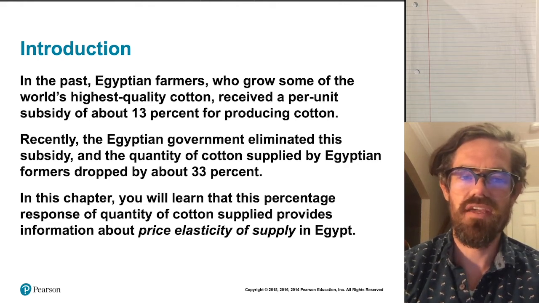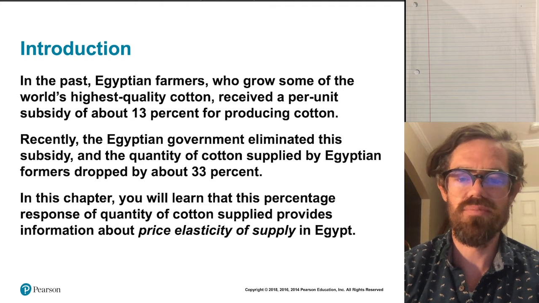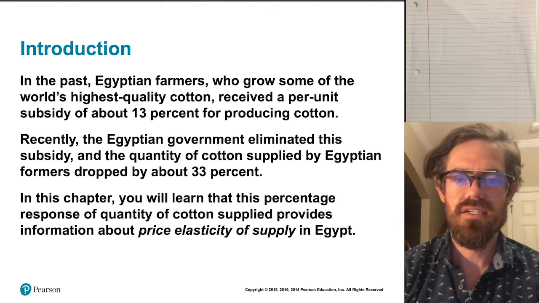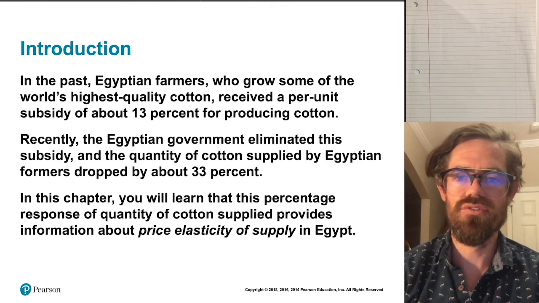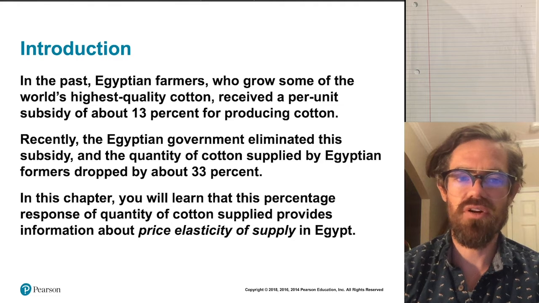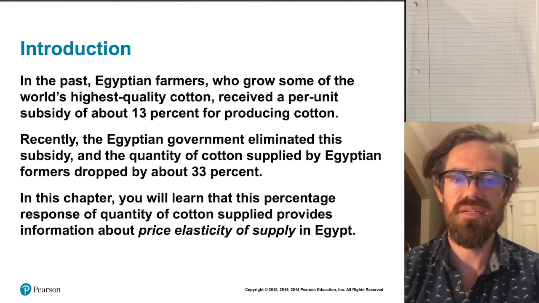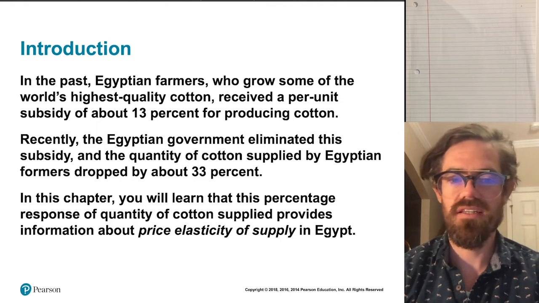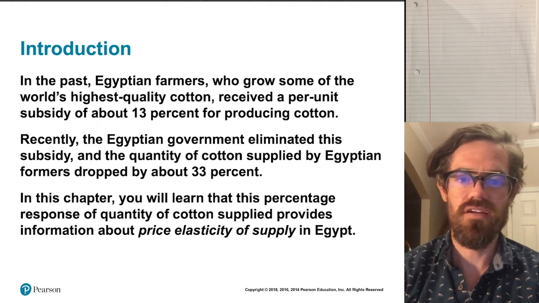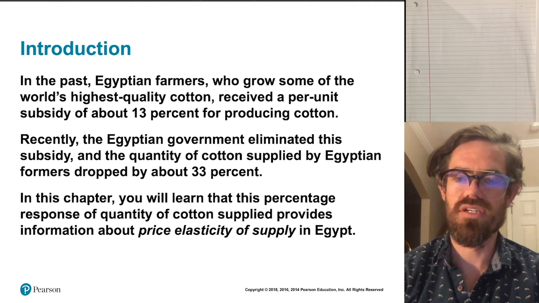Just to get us thinking about these concepts, or to prime us for these concepts, in the past, Egyptian farmers who grew some of the world's highest quality cotton received a per unit subsidy of about 13% for producing cotton. Recently, the Egyptian government eliminated this subsidy, and the quantity of cotton supplied by Egyptian farmers dropped by about 33%.